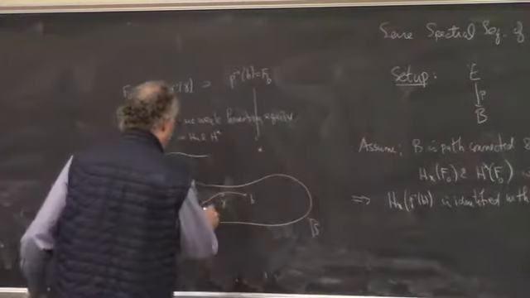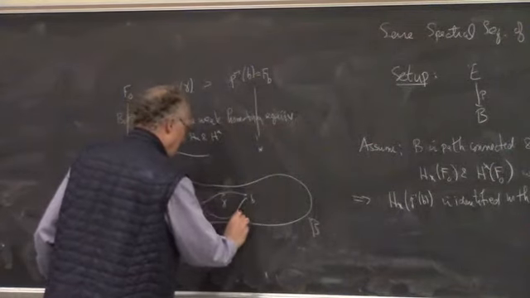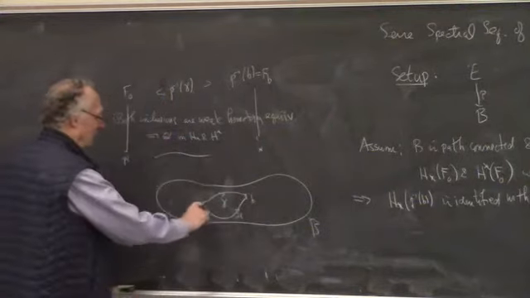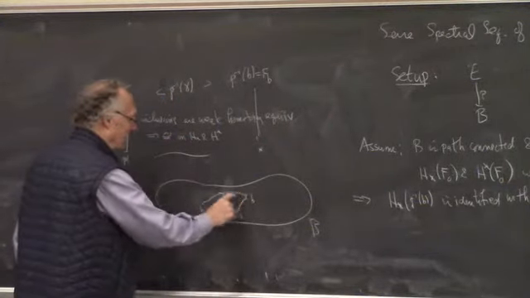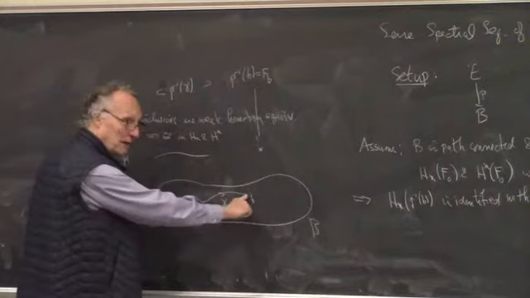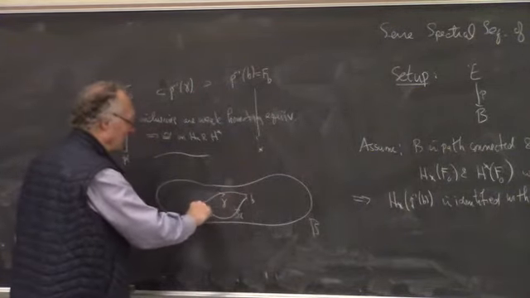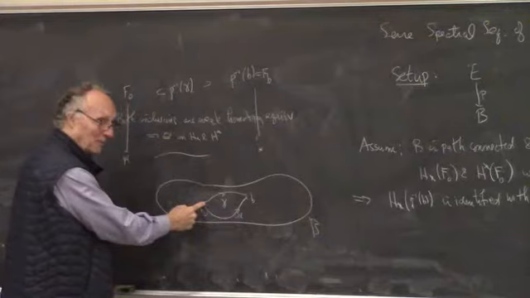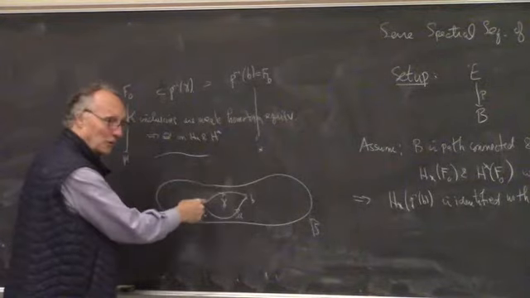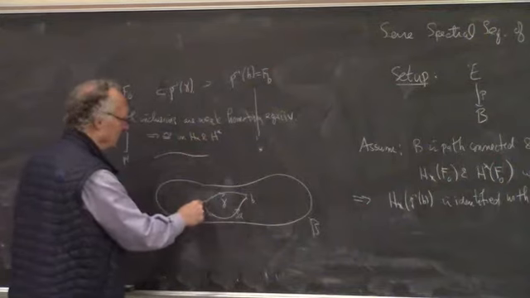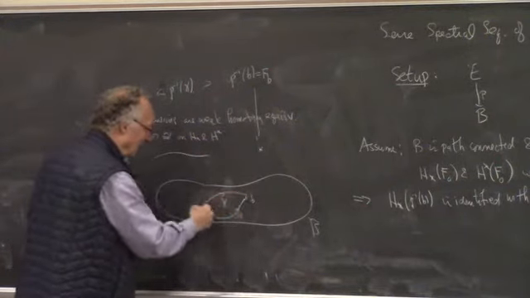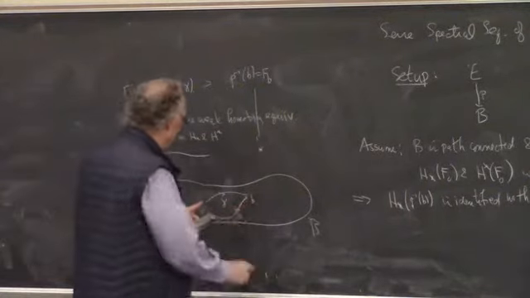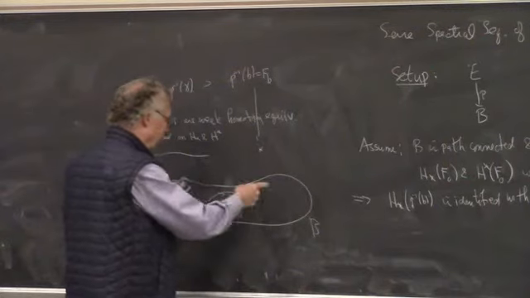If I choose a different path, mu, between these points, then I have an isomorphism determined by gamma here, and an isomorphism determined by mu here. And if you go around this loop, the isomorphism determined by gamma followed by the inverse isomorphism determined by mu is the action of this loop on the fundamental group. But that's trivial, meaning that the path gamma and the path mu produce the same isomorphism. So that's how these fibers have their homology and cohomology identified.